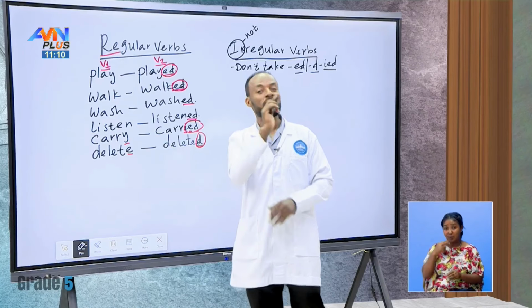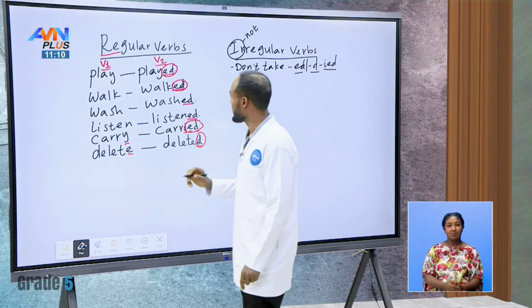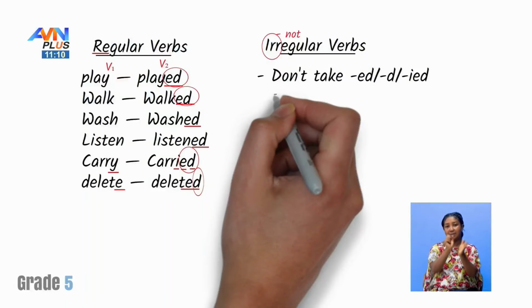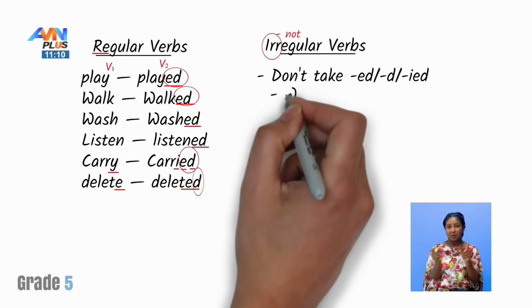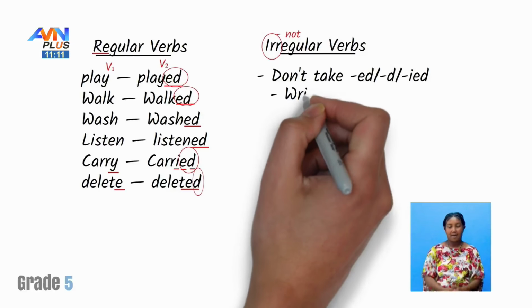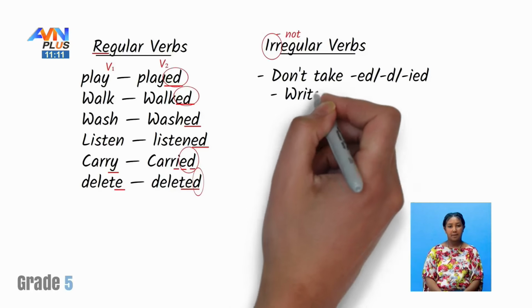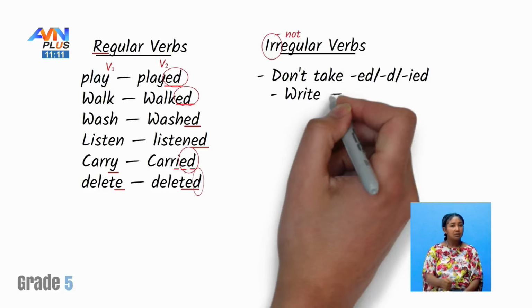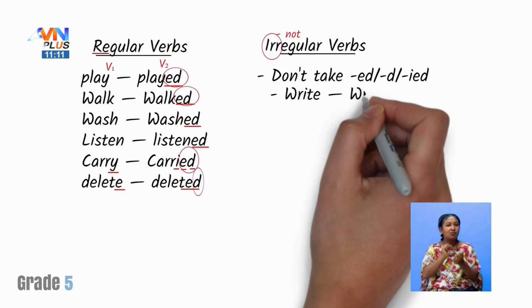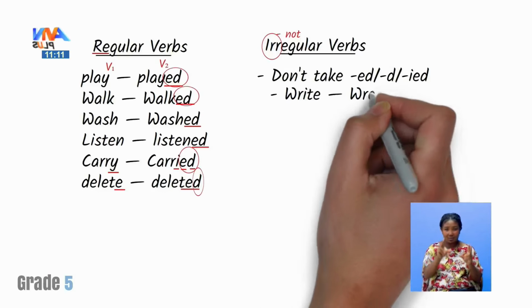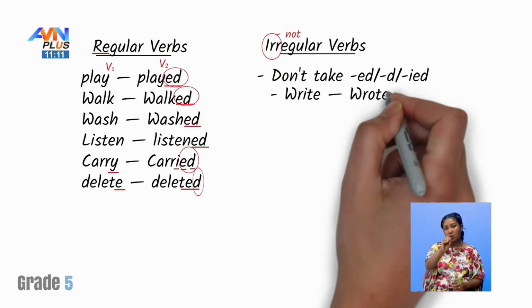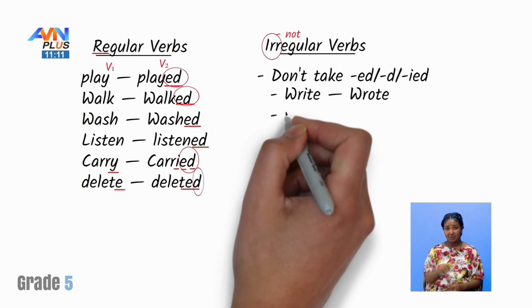Is it clear? Good. Let's give you some examples. For example, the word write. What about verb 2 form of the verb write? That is wrote. Look. Good.